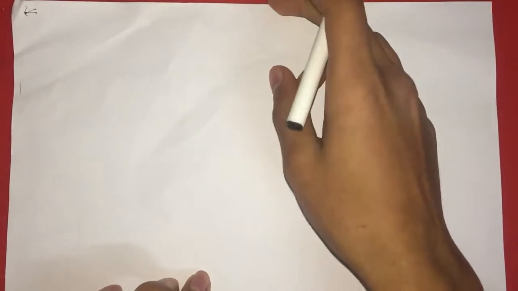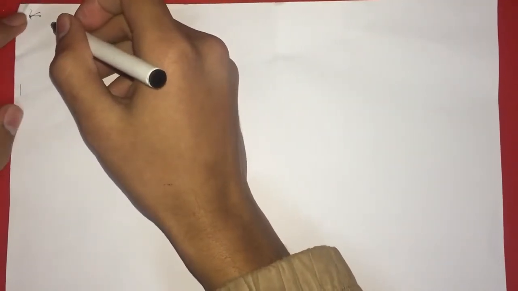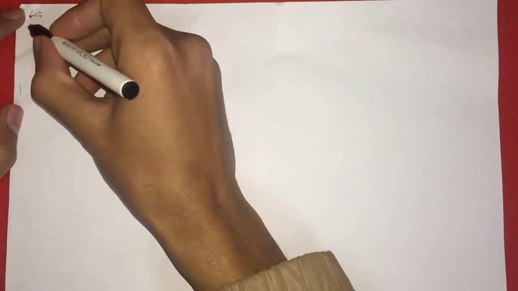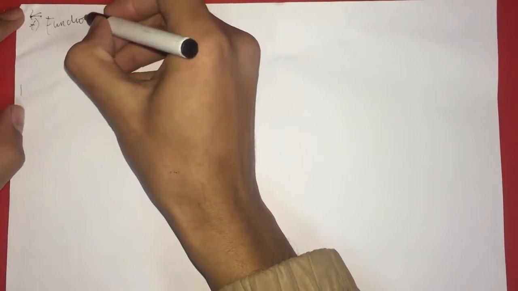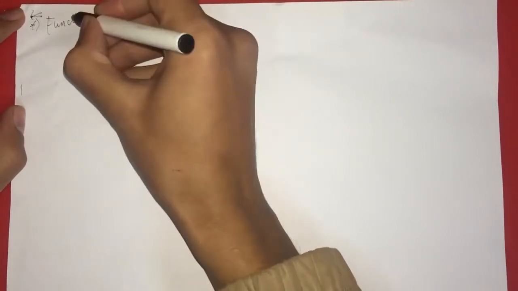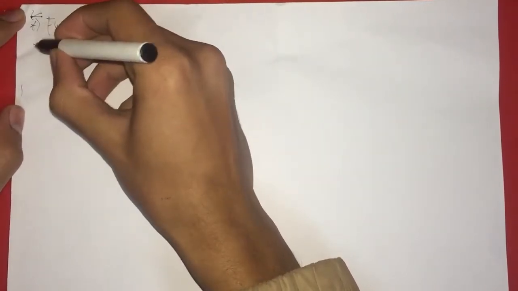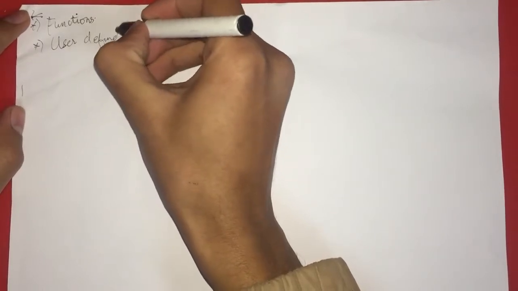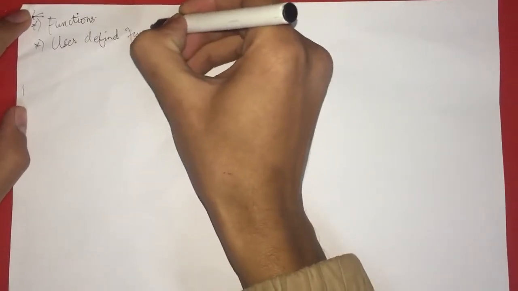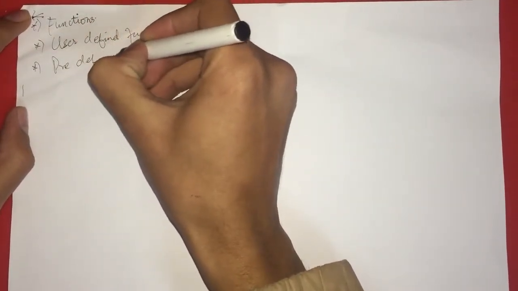So today what we are going to learn will be about some concepts in programming. What we learned today was about functions. We started our chapter about functions, and we learned what are user-defined functions, and what are predefined functions.